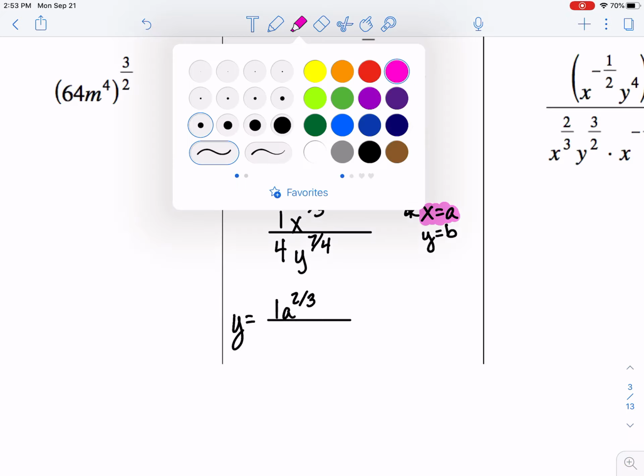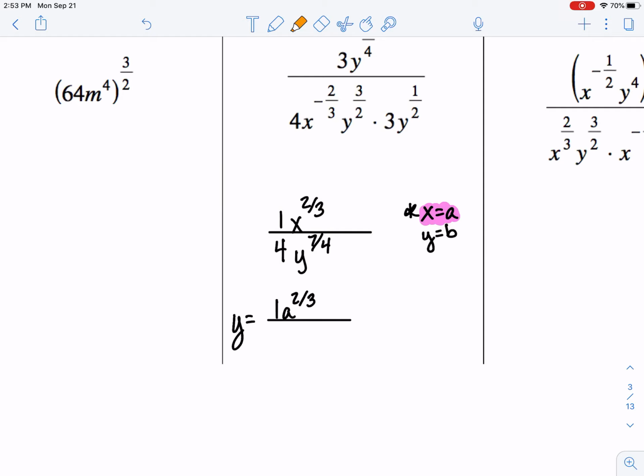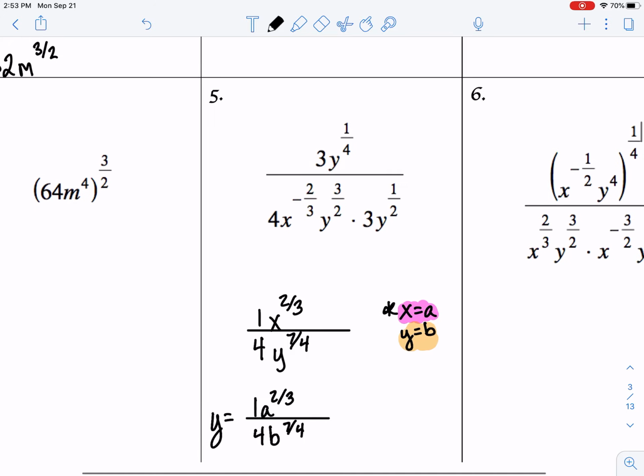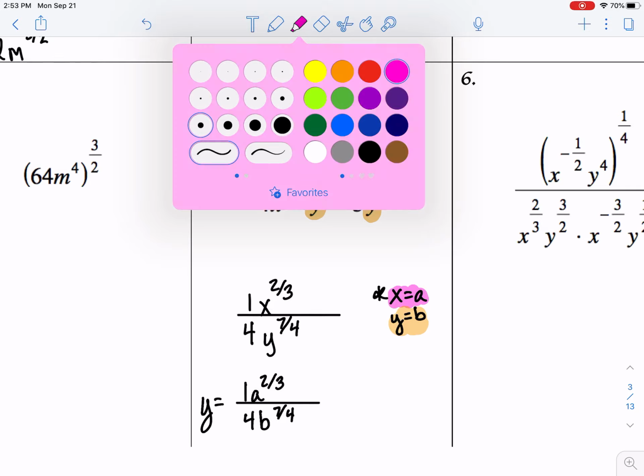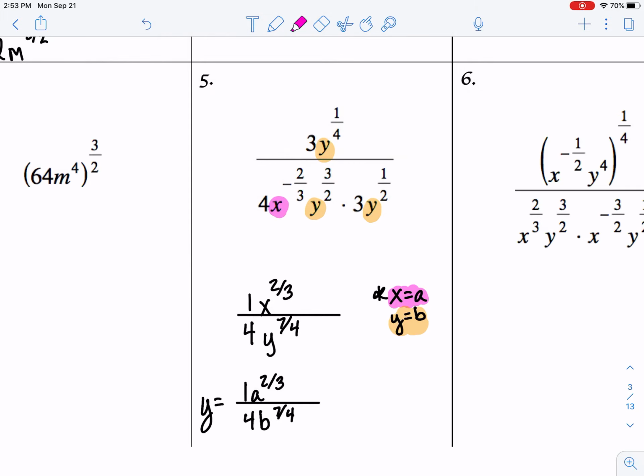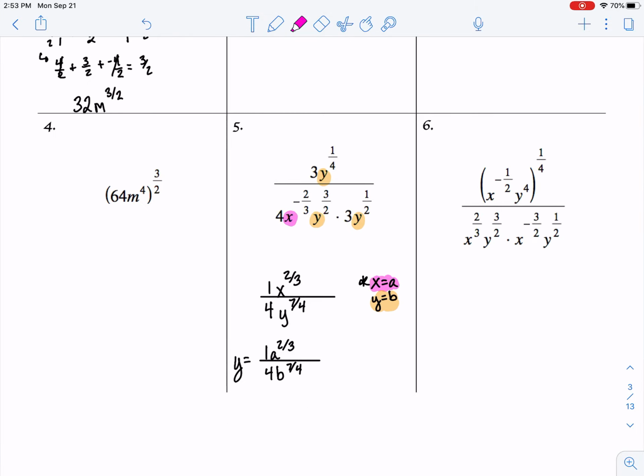And anywhere I have a y, I'm really going to write a b for what my answer was. And I also need to come back up here. And anywhere I have a y, I'm going to change it to a b when I put it in Desmos. And anywhere I have an x, I'm really going to put it as an a.